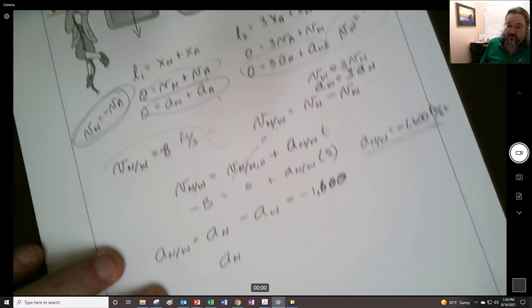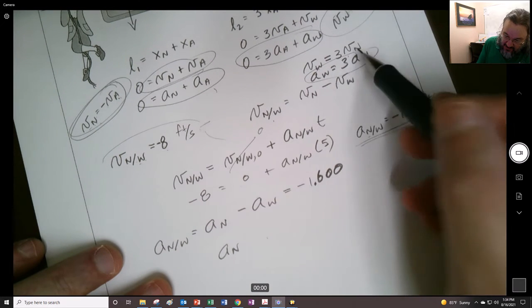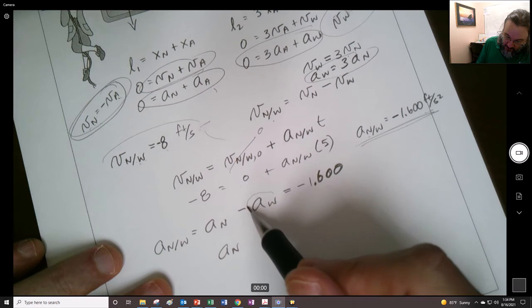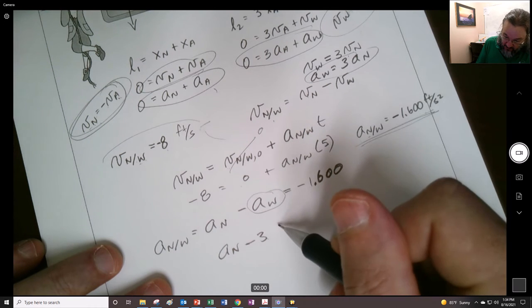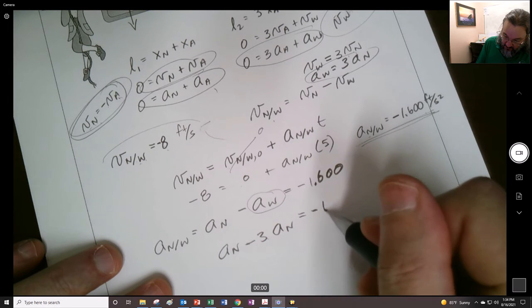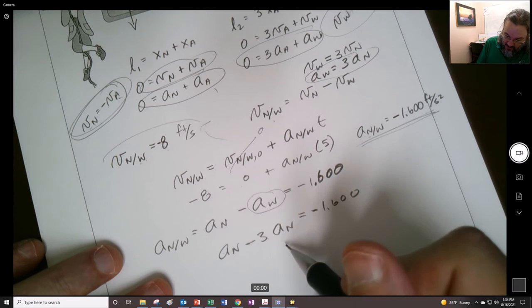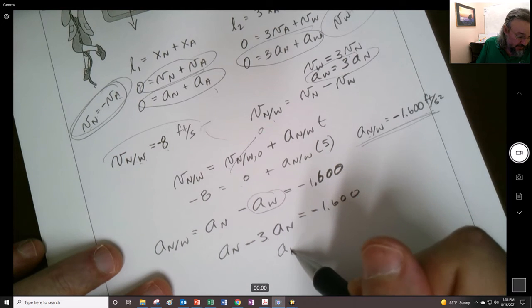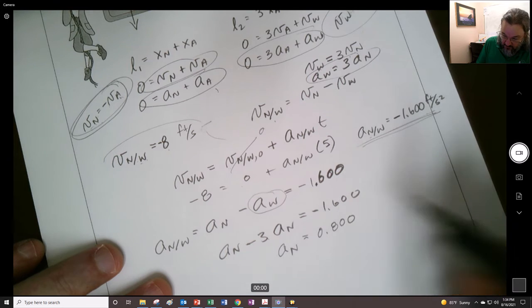That's where I did. Okay. And so now we can use that and substitute it in for here. So minus 3 acceleration of newt dog is equal to -1.600. And so now we have the acceleration of newt dog is equal to 0.8 right there.